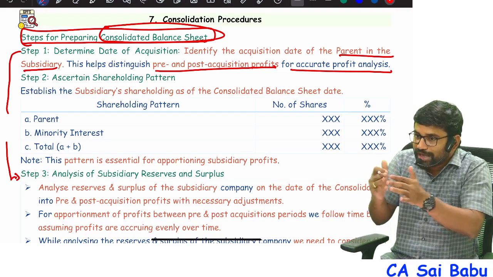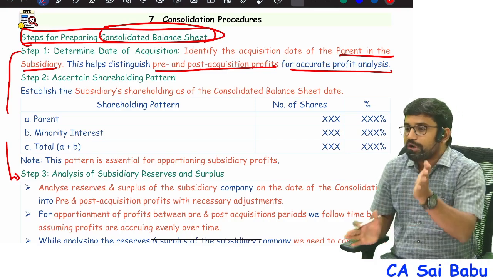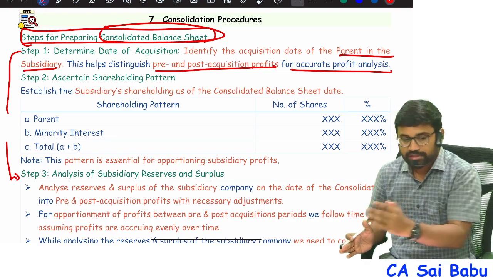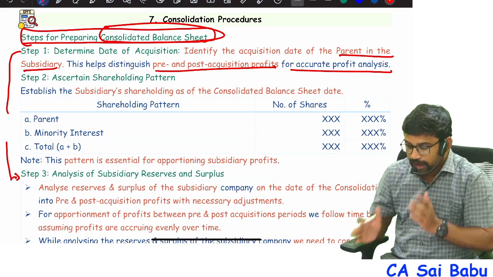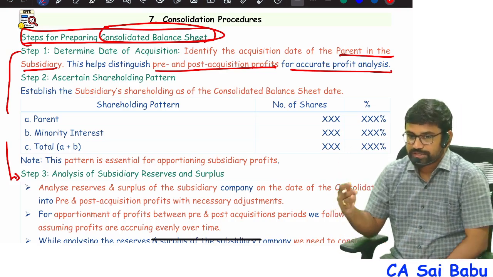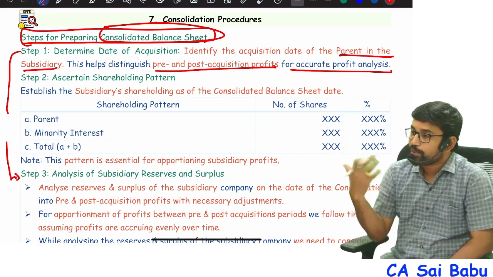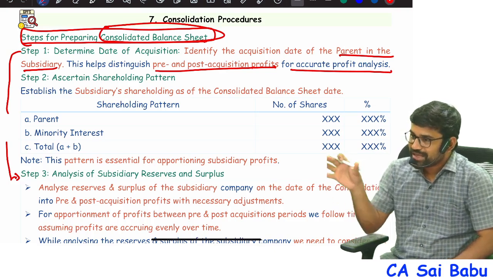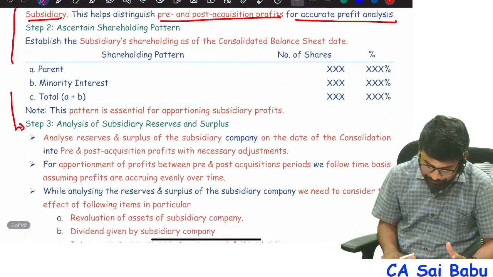Whatever the profits are there in the subsidiary till the date of acquisition, they are called pre-acquisition profits. After acquisition of subsidiary, whatever the profits generated by the subsidiary, they are called post-acquisition profits. Why this analysis is necessary, I will explain in step number 3.